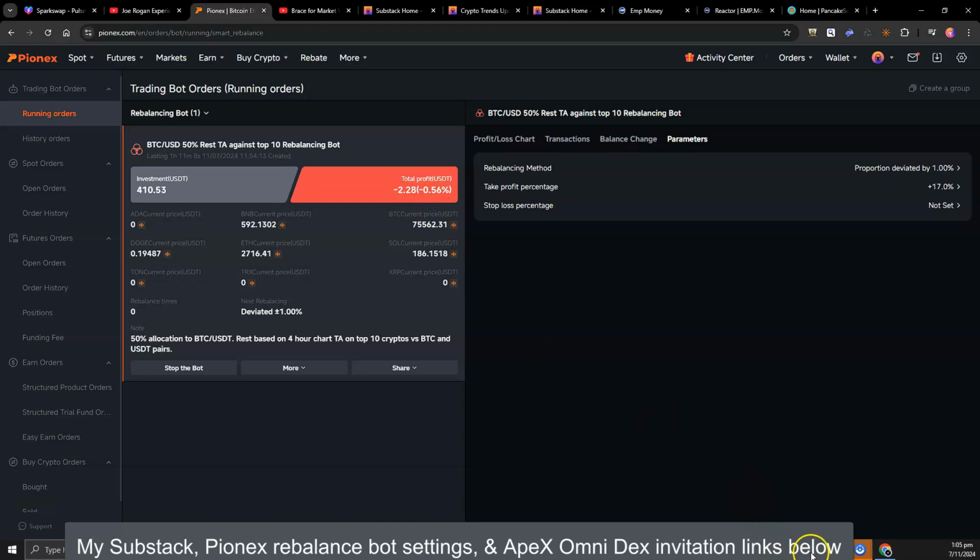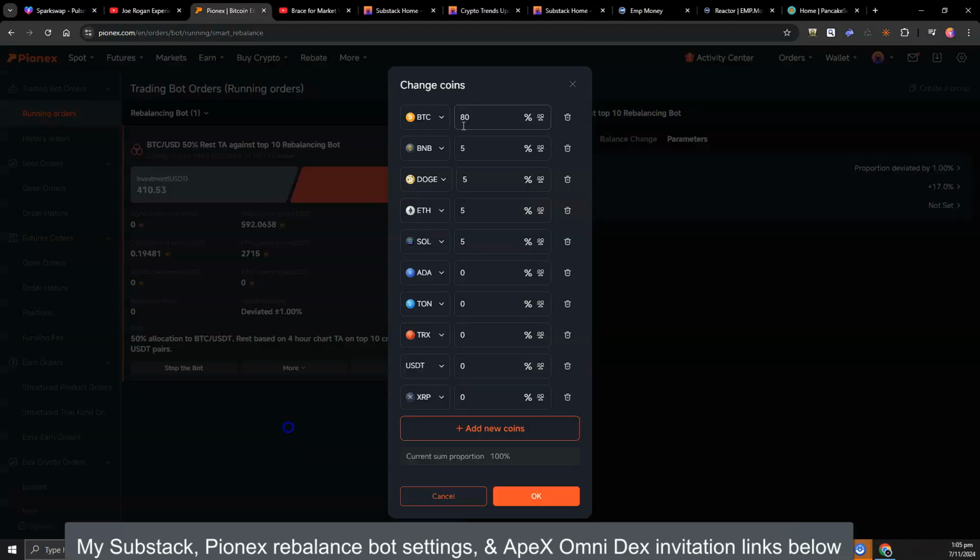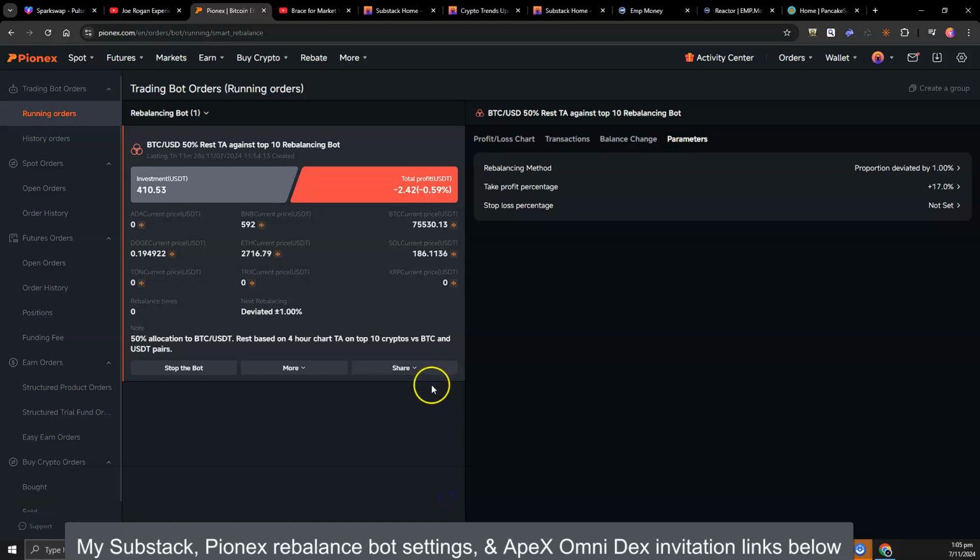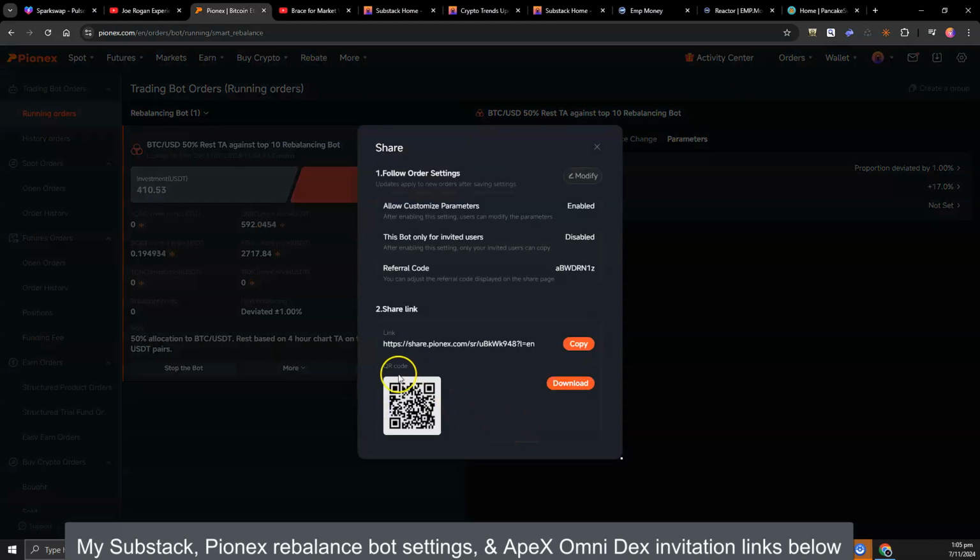What I've done here is I've got 80% BTC, 5% BNB, Doge is 5%, ETH is 5%, and Sol is 5%. So just screenshot that if you aren't using the bot, or for those people that are, just scan that code right now, and I'll copy this and put that in the notes below.